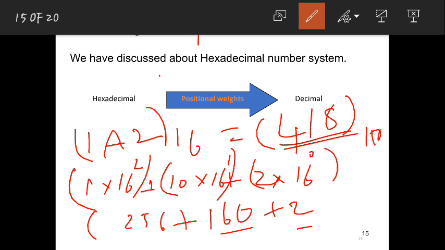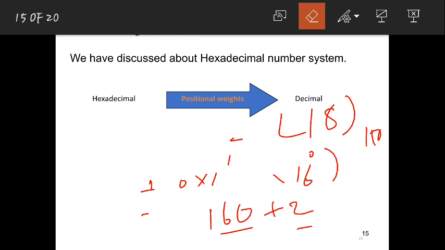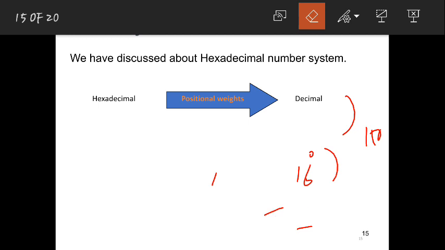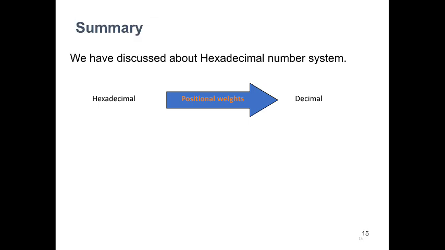Next, after hexa to decimal, we have seen decimal to hexa, that is repeated division by 16.